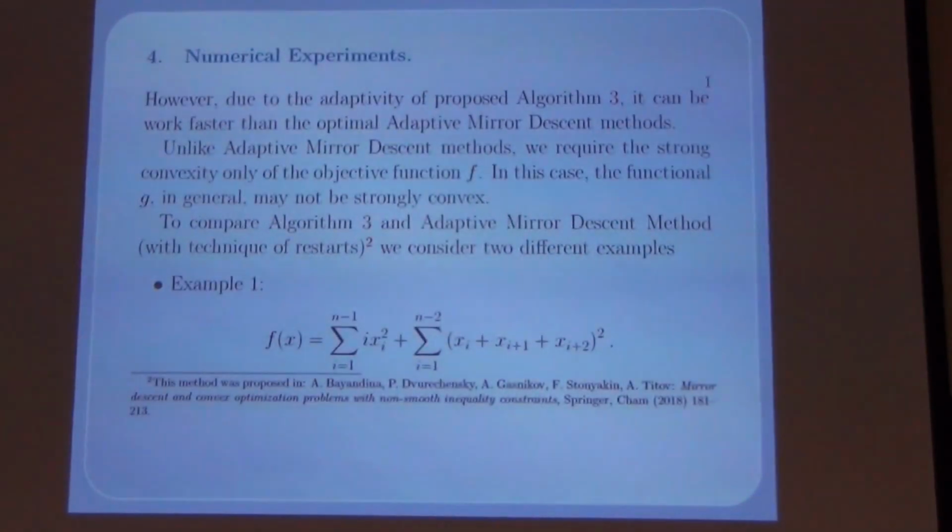Unlike in the adaptive mirror descent methods, where we require strong convexity of the objective function and the functional of constraints, in Algorithm 3 we require strong convexity only of the objective function.